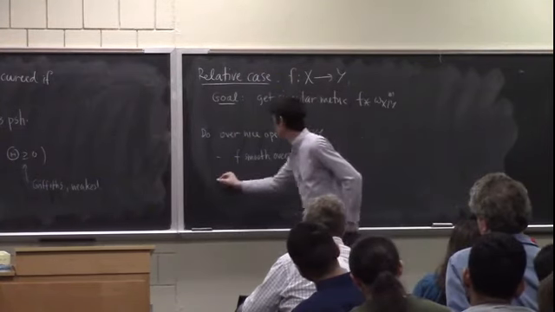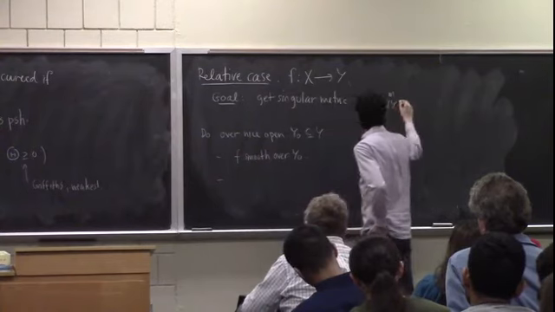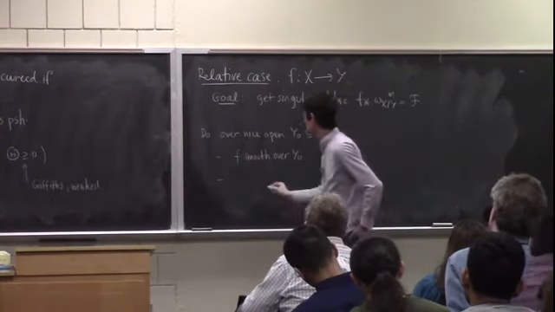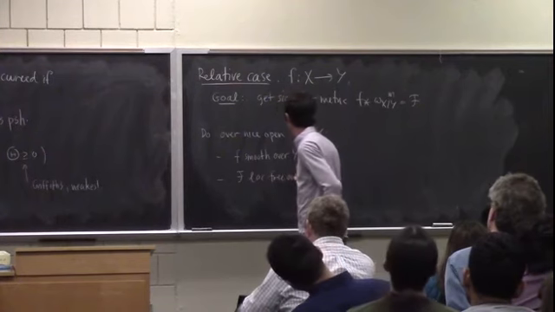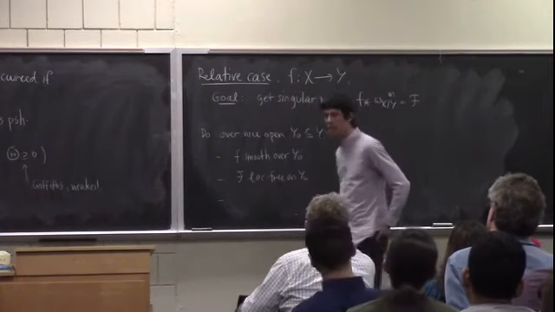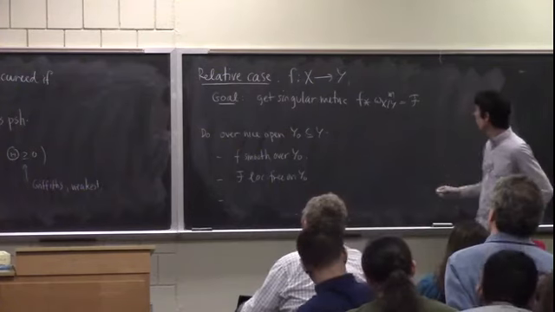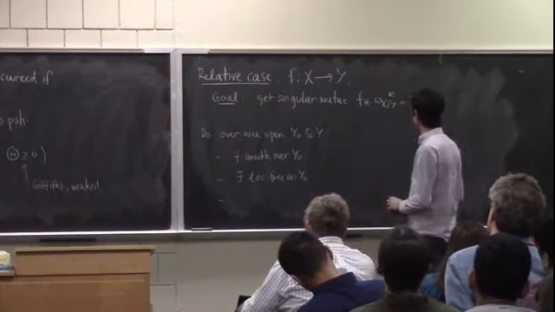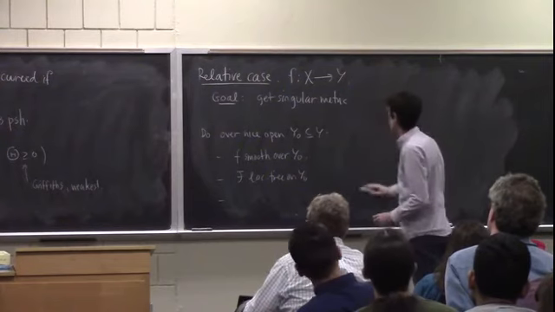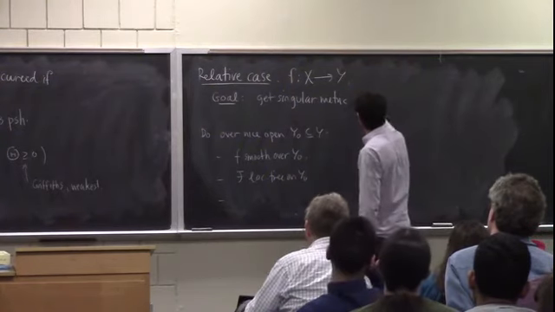Then I want this, let me call this script f, this sheaf, I want the script f to be locally free. And also I want some base change property. Sorry, I actually said it wrong. I'm not going to do this one. I'm just going to do this case.